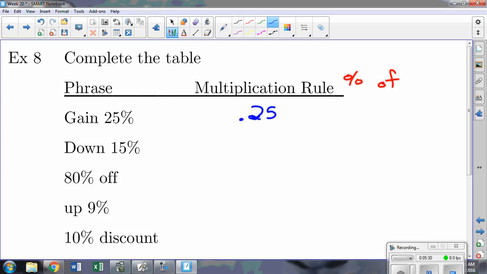Dylan, you made the correct observation that since we need to keep the original 100 and gain 25 more, that's 100 plus 25, and 125% is 1.25. We would need to multiply by 1.25 to gain. For each of these or others, keep in mind we have to keep track of the original 100%. If we were to go down 15%, well, down 15 is keeping how much?